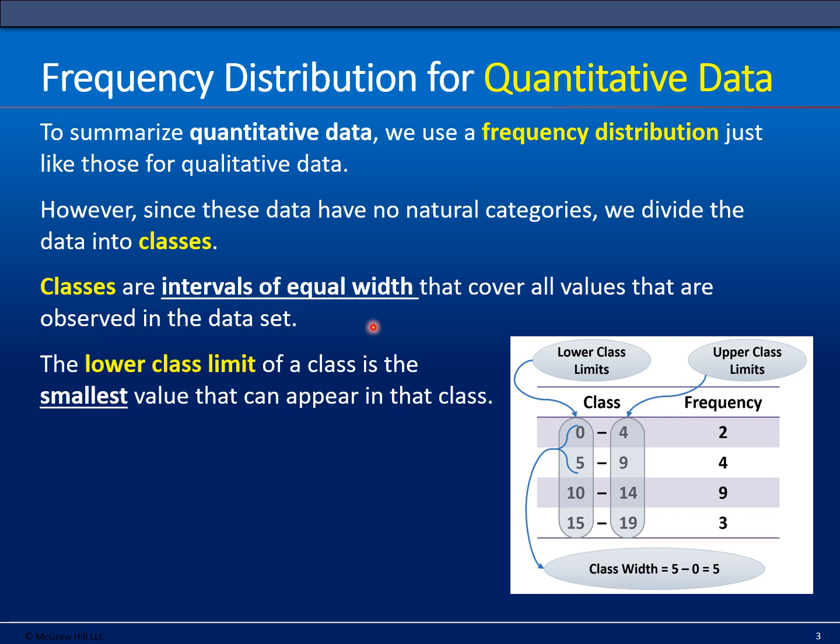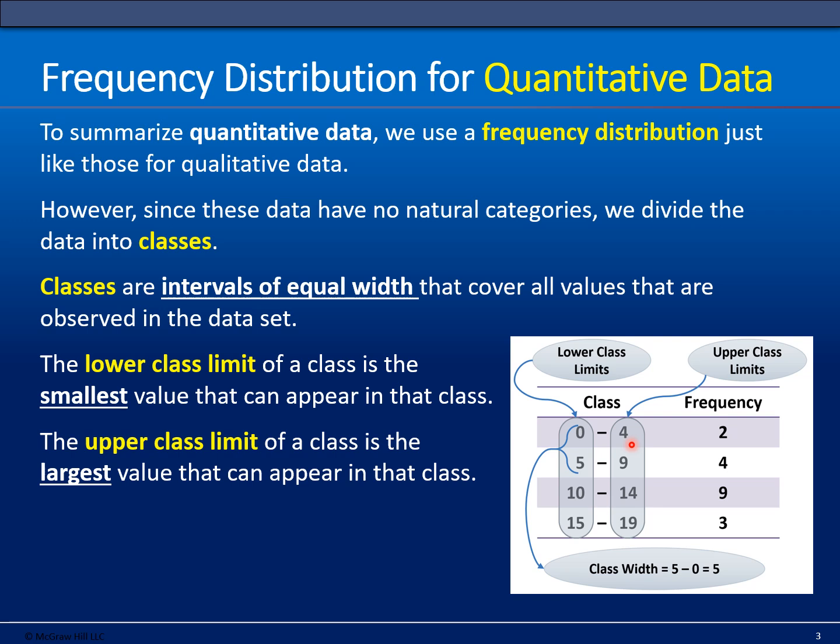The lower class limit of a class is the smallest value, or the values that we see on the left in each row. So we have 0, 5, 10, 15. These are the lower class limits, because for the first class, it goes from the lowest value of 0, the lower class limit, to the highest value of 4, which is the upper class limit.